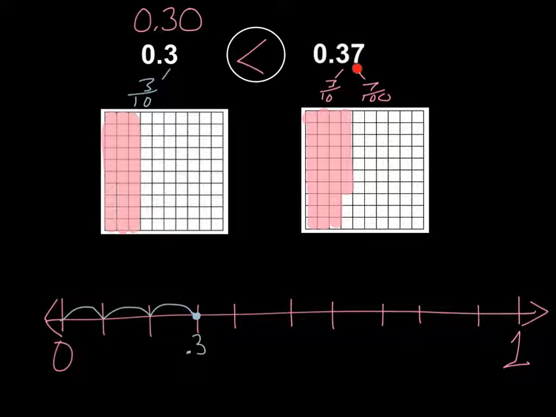My second one is 37/100, which when it's decomposed, that matches up to 3/10, and then I'm going to have to estimate just a little bit past that. And so on the number line, we can see that 37/100 is closer to 1 than 3/10 is. So this would be the larger decimal.